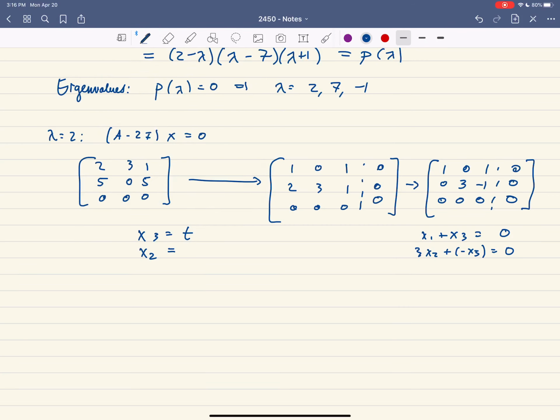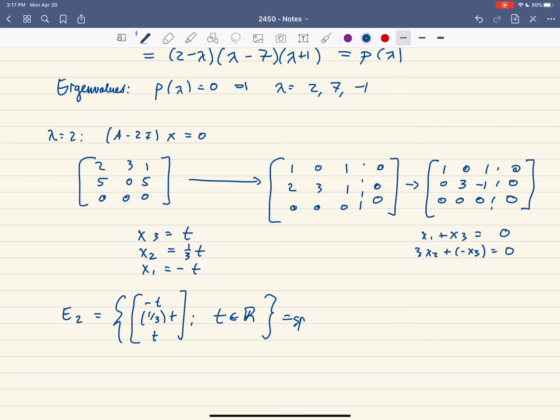So x3 is t, and if x3 is t, then 3x2 is going to be t, so x2 is 1/3 t, and x1 is negative t. And so our eigenspace, E2, is going to be the set of vectors of the form negative t, 1/3 t, t, where t is any real number.